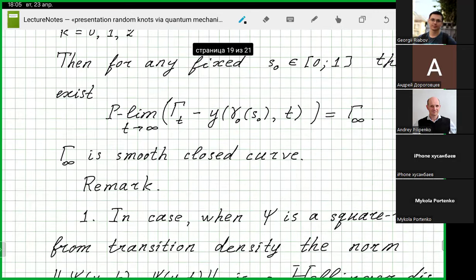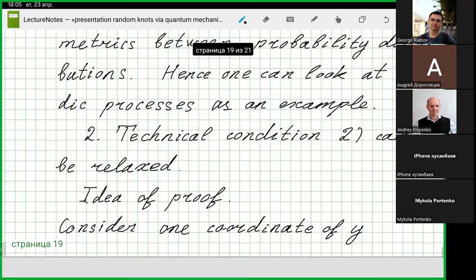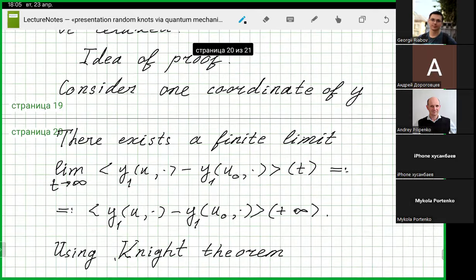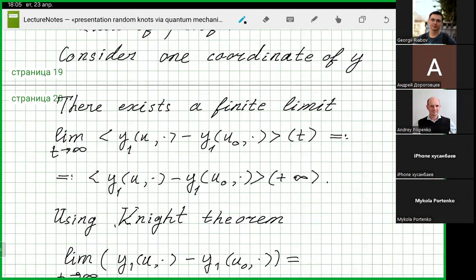So this is the statement, and the idea of the proof is the following. Consider just one coordinate, it is enough. Then there exists a finite limit of the joint characteristic of the difference. This is due to our supposition. Then one can use Knight's theorem.